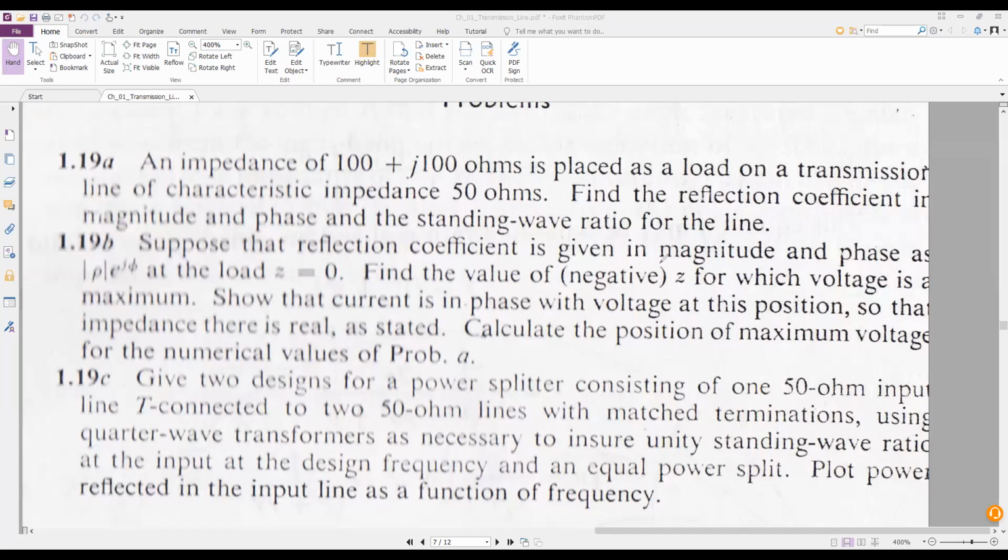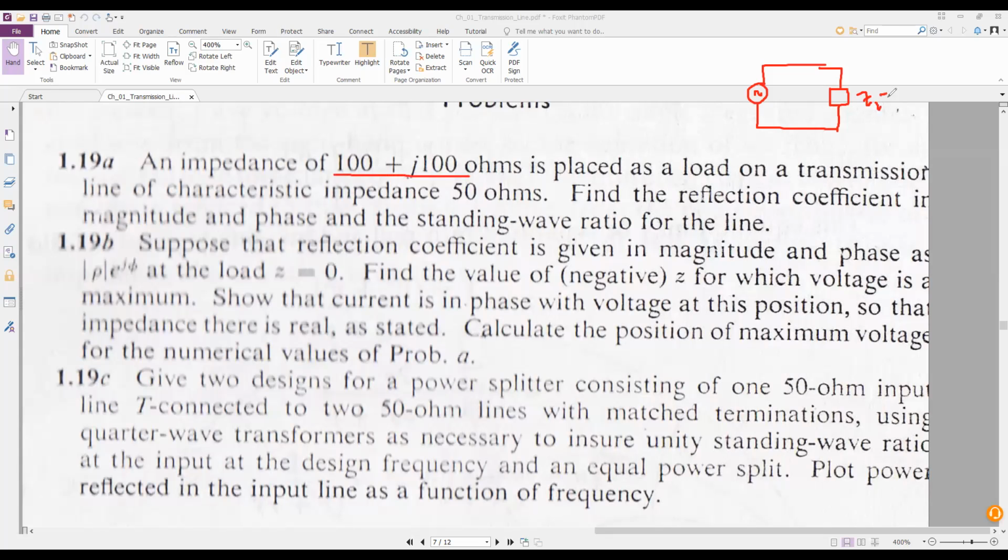In this kind of problem, first you have to draw the line. This is the transmission line. This is the load.